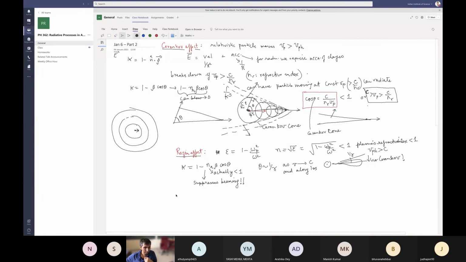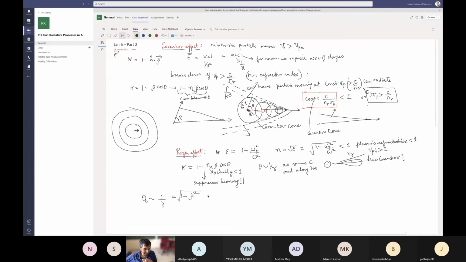So even if beta is 1 or v goes to c, this 1 by kappa cubed will not become as big and this beaming will be suppressed. So theta beaming, of order 1 by gamma, was equal to square root of 1 minus beta squared. In the end, this was the beaming factor.